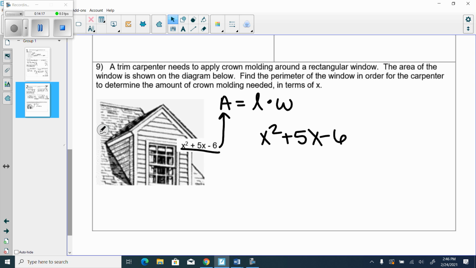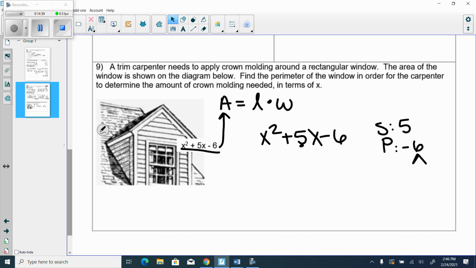So what's the first step? GCF. Does this have one? So my sum is 5. All right, this one does have a middle number. And then my product is negative 6. Very good.